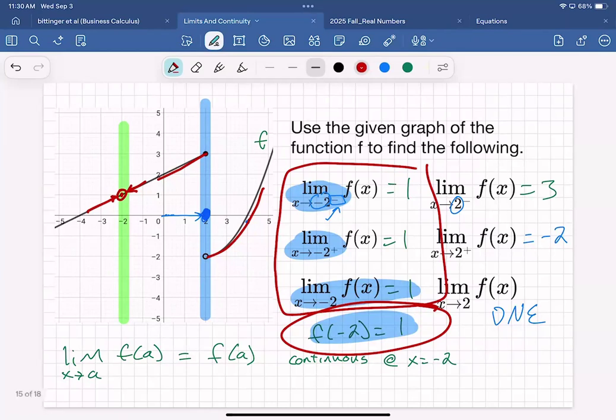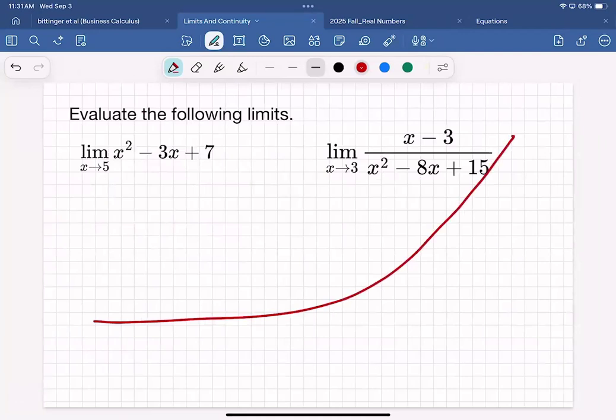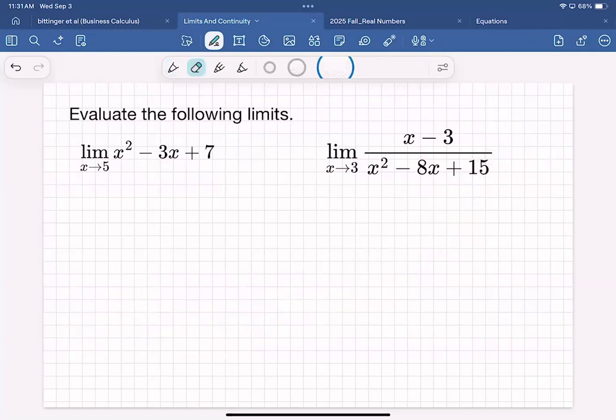I think I quickly talked about it. When we look at an exponential, the graph looks something like this. But over here, this never actually got to whatever number we were approaching. That's why we called it a horizontal asymptote. Okay, something you might remember from your college algebra course. So this is where limits definitely help us go a little bit beyond what we were able to before.